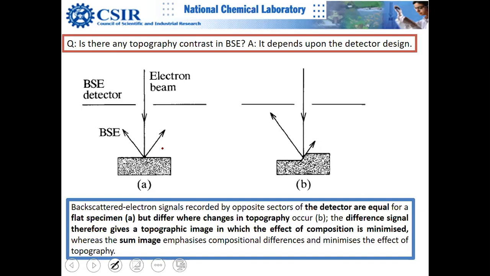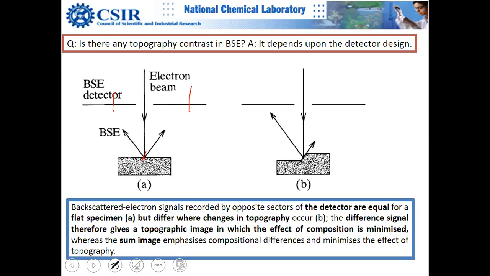I was just discussing the backscatter detector, which is split into four parts. So now you can see that this part and this part receive an equal amount of electrons in this case, right? If the electron beam is focused on one point where you have a certain composition which is being probed, and if the topography is the same, there is no reason that this detector and this detector will get different information.